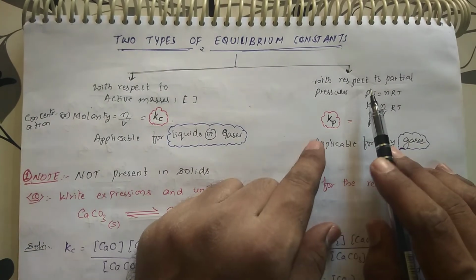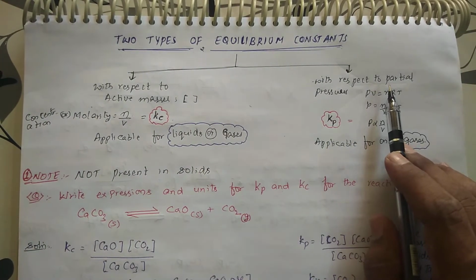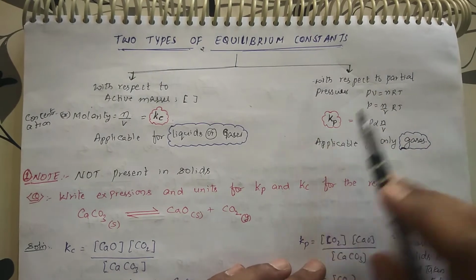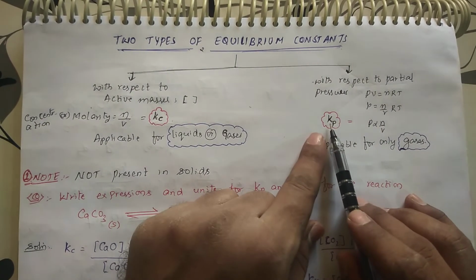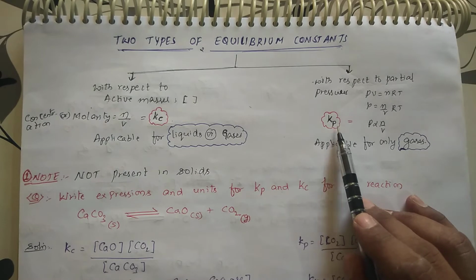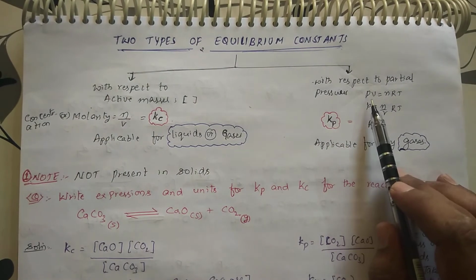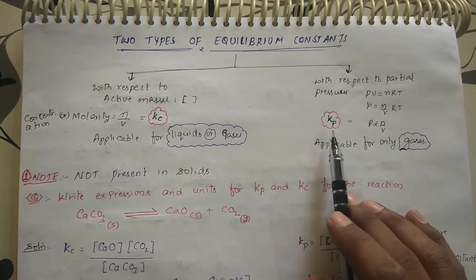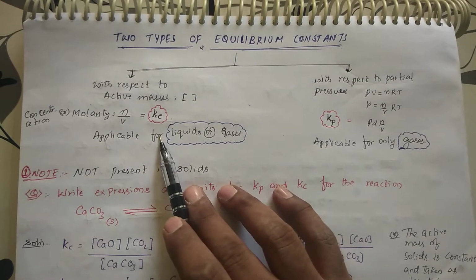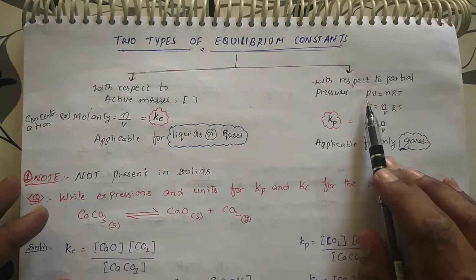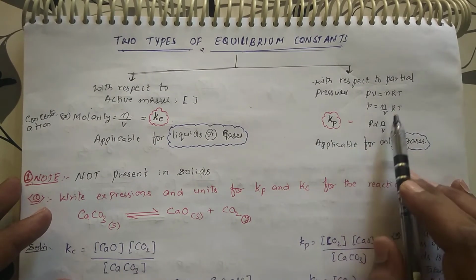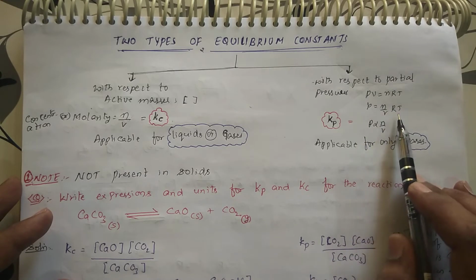When you go with respect to partial pressures, the equilibrium constant is represented as K with respect to pressure, Kp. And we know how Kp is related with Kc. We know the ideal gas equation, PV equals nRT. If we send V to that side, what happens? P is equal to n by V into RT.